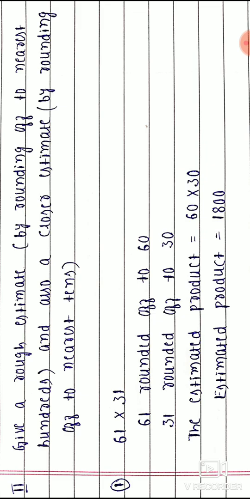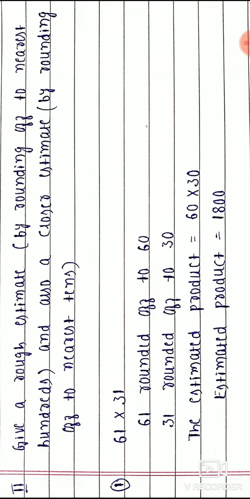So 61 into 31. 61 rounded off to its nearest tens value is 60. So write down, 61 rounded off to 60.